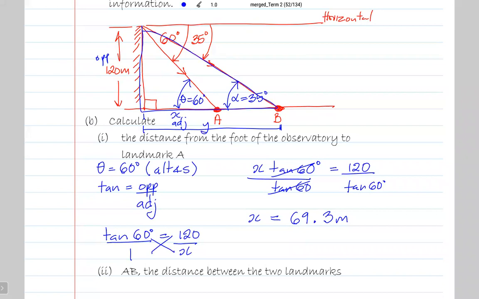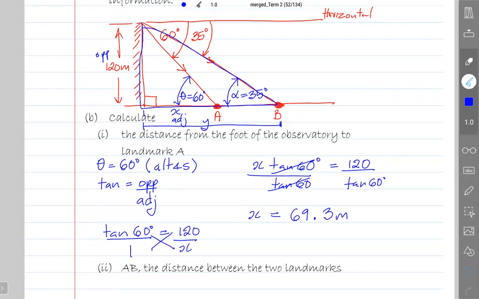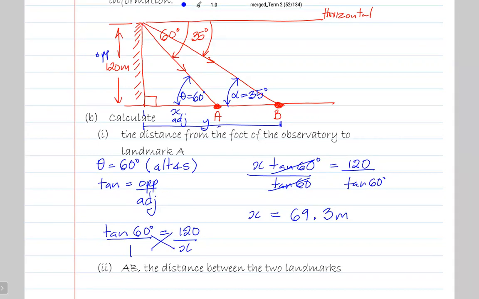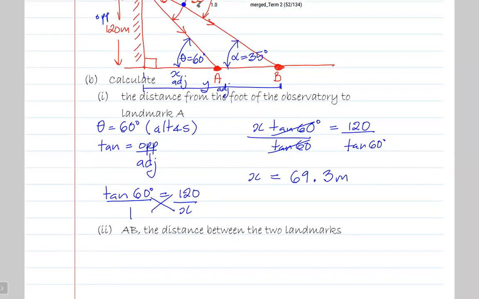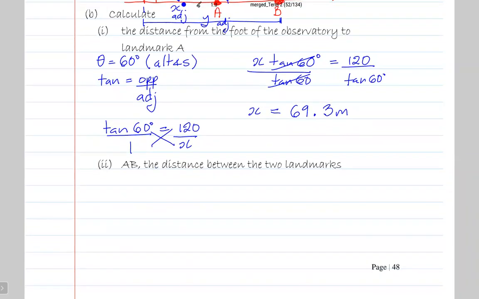So 120 is opposite to the 35 and Y is adjacent. The ratio that includes opposite and adjacent is tan. So I'm going to say tan of 35 degrees is equal to opposite 120 over adjacent Y.